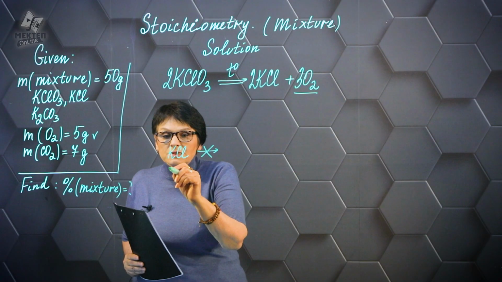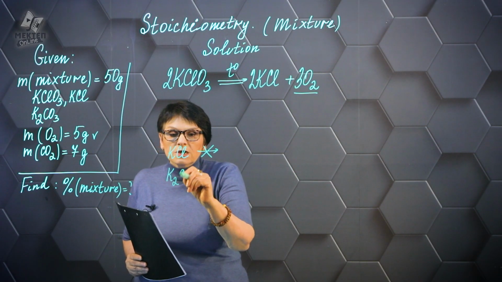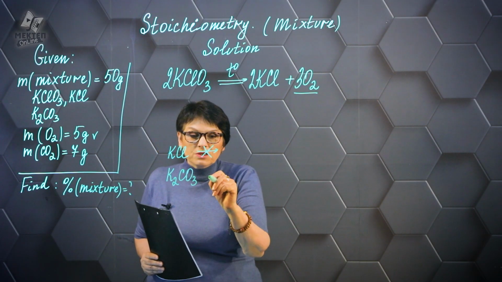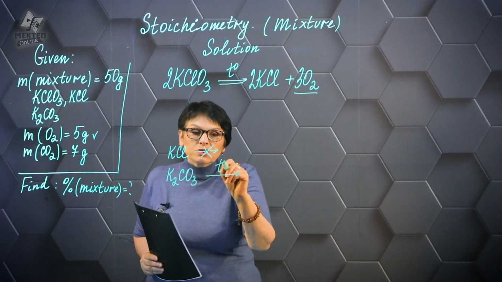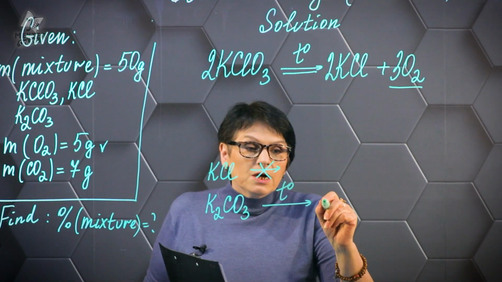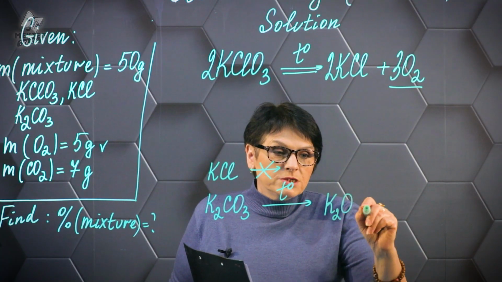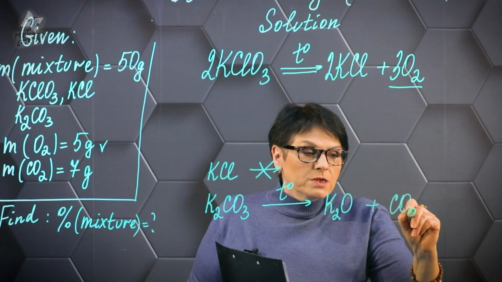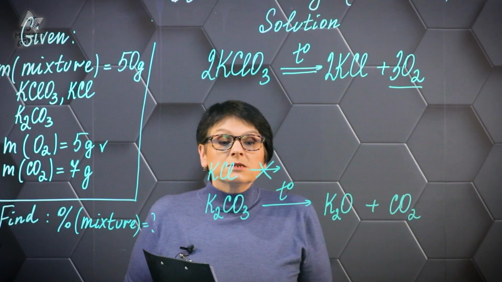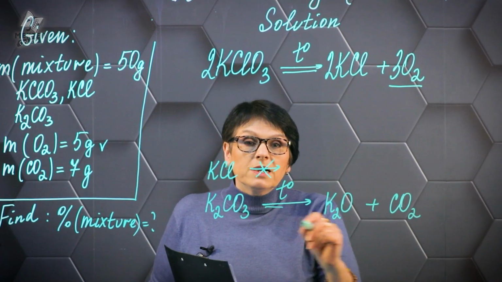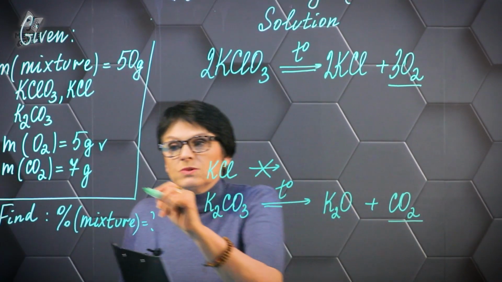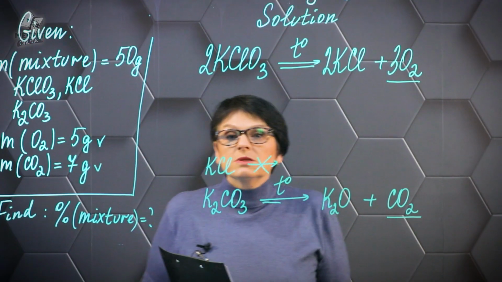Then we are left to figure out how potassium carbonate, K2CO3, potash, will behave. This substance decomposes too, under the influence of temperature into potassium oxide and carbon dioxide. And carbon dioxide is exactly the substance that is also given to us by the problem.